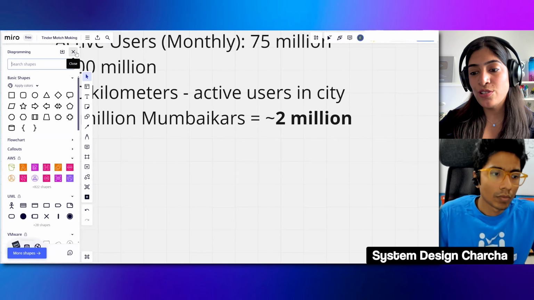So you have, let's say, user 1, user 2, user 3, user 4, and so on. In this, we will have to find a match. If this number is 2 million, it's going to take a long time, because we'll have to go through all the users, go through the filters, whether this person is somebody we are interested in matching, whether they are interested in matching with us, and then give a response.